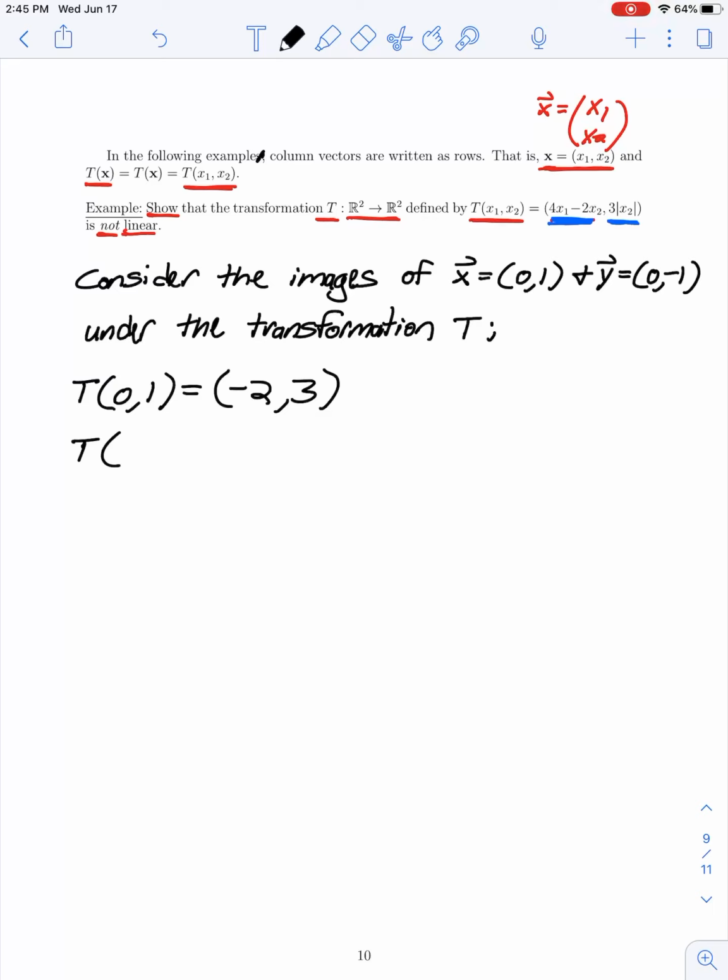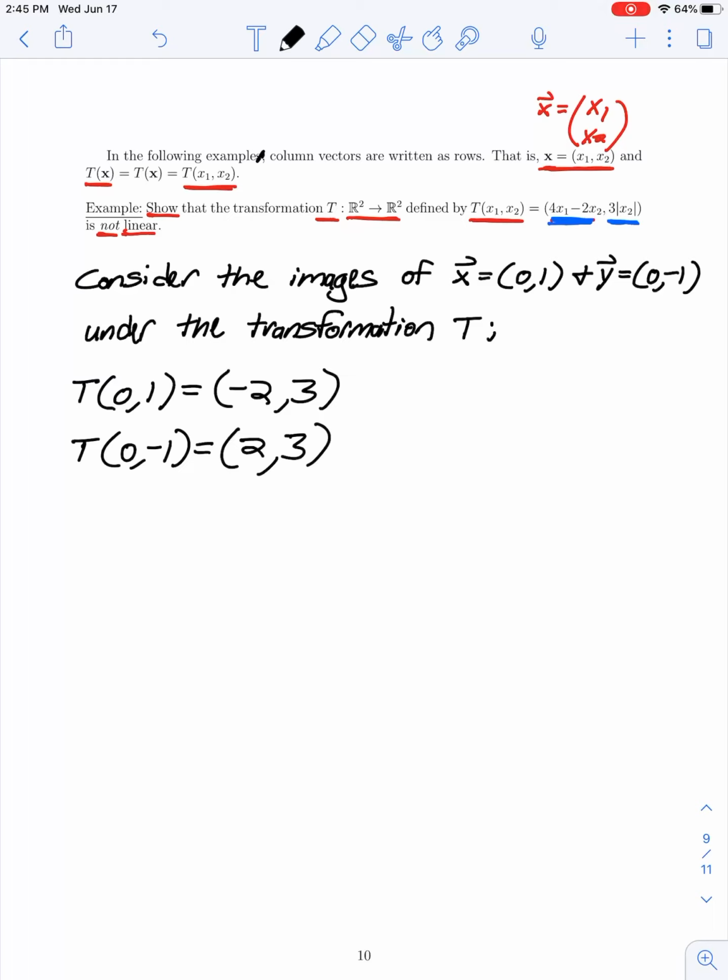And T of y, which was 0, -1. So if I just make the x2 component negative, I have 4 times x1 would be 0, minus 2 times -1 is positive 2. And for the second component, I have 3 times the absolute value of x2. The absolute value of -1 would be positive 1. So I have a positive 3 there.